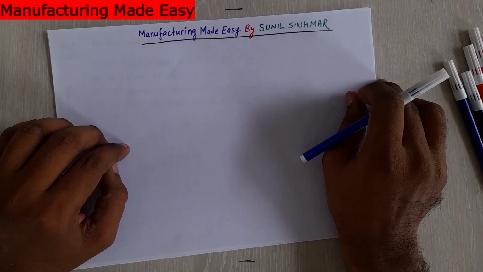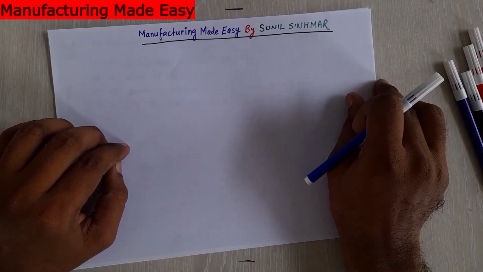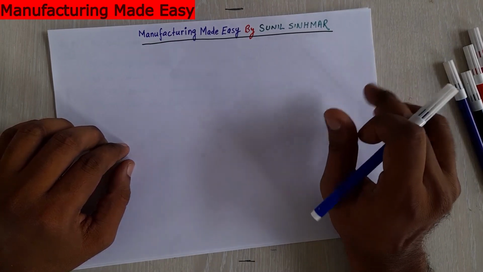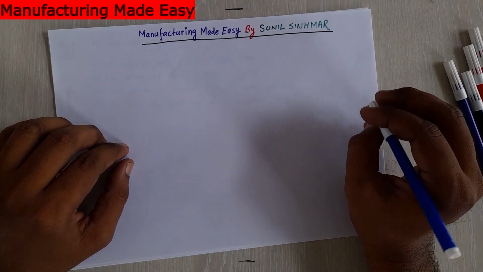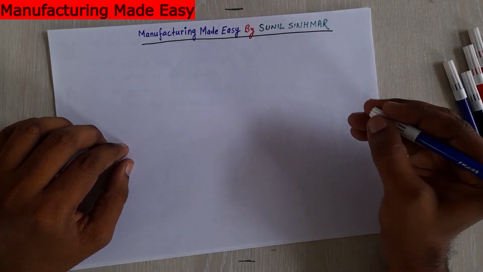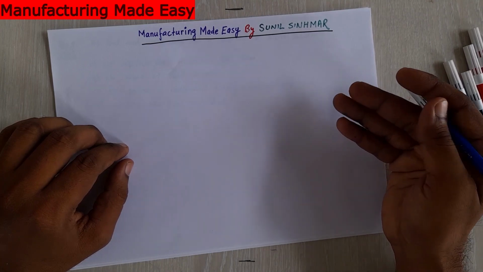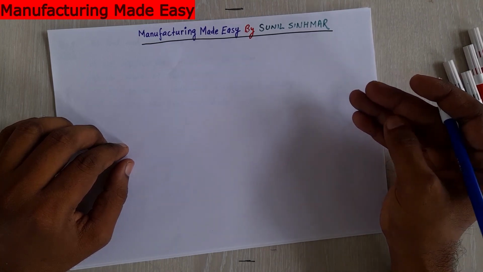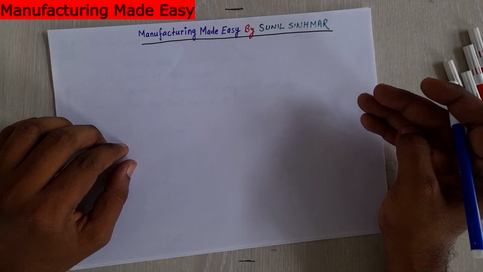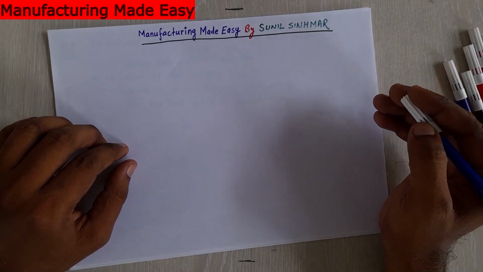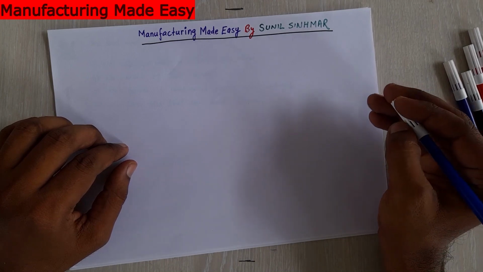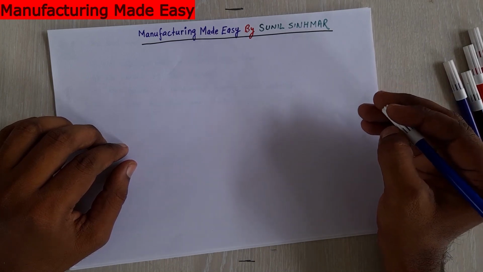In the previous classes, as you know, I have started a series based on the previous questions of the GATE exam, and I am covering the questions related to manufacturing engineering. In earlier videos I covered the topic related to welding.